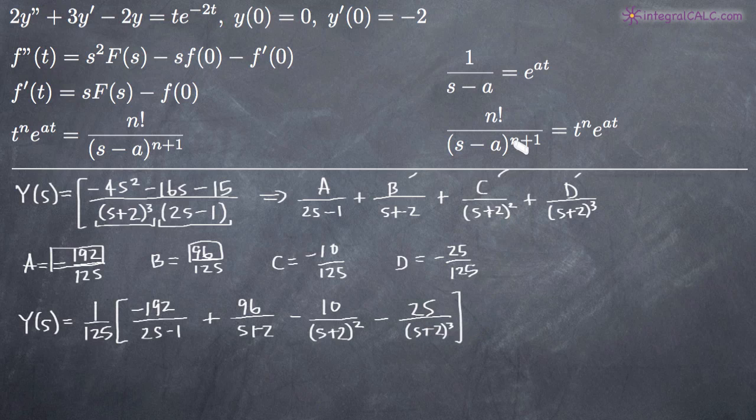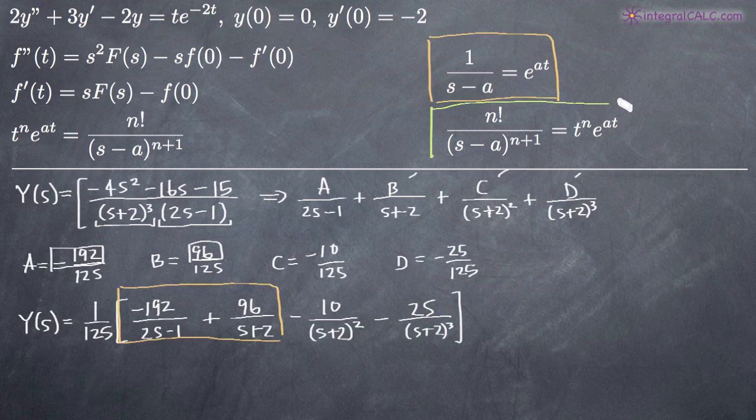Now this is where our fourth and fifth formulas come into play. We have this formula here for 1 over s minus a equal to e to the at. We're going to be using that for the first two terms here, the first two fractions in our partial fractions decomposition. And then we have the second formula here for n factorial over the quantity s minus a raised to the n plus 1.